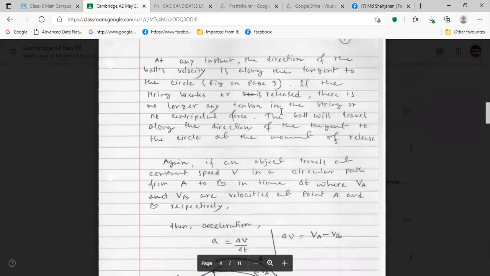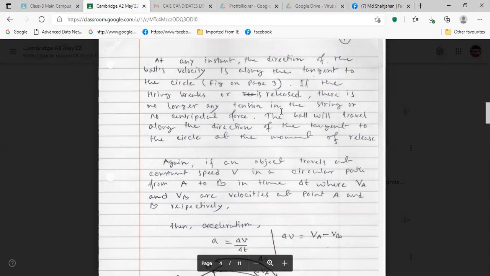Navid. At any instant, the direction of the ball's velocity is along the tangent to the circle, figure on page 3. If the string breaks or is released, there is no longer any tension in the string or no centripetal force.